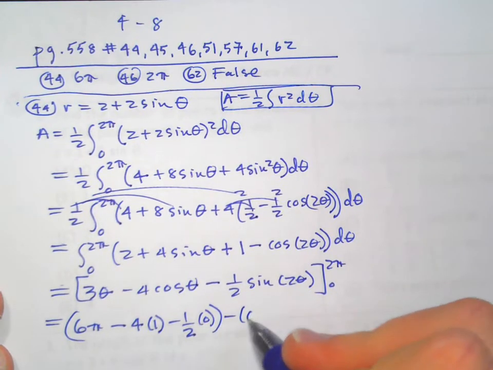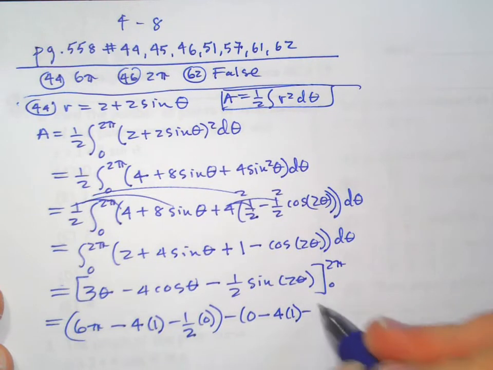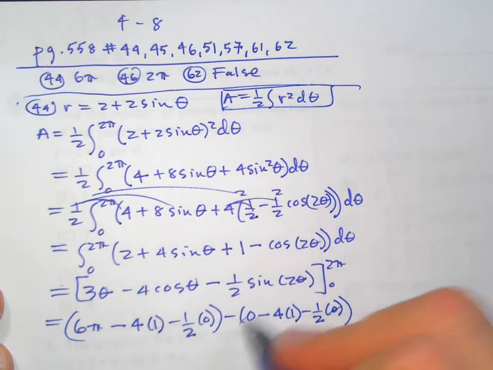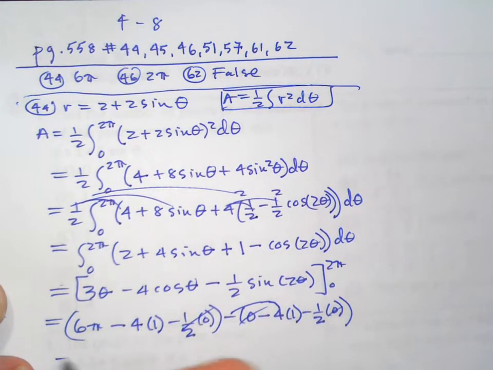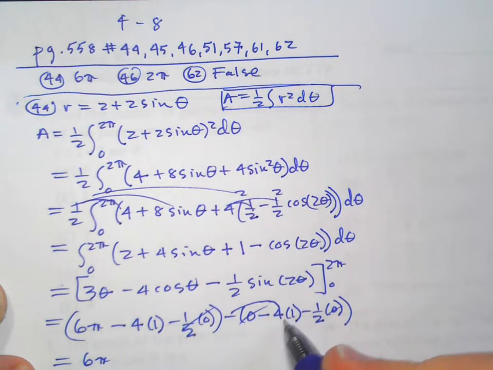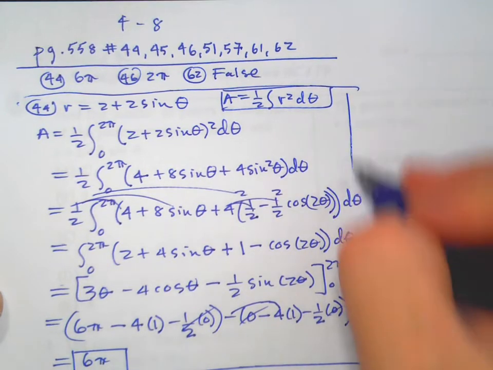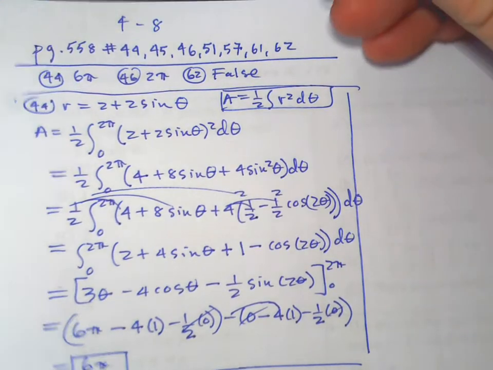Plug in 0 and you get 0 minus 4 times cosine 0, which is 1. Minus 1/2 sine 0 is 0. So you got to distribute this subtraction there. So what we're going to get is 6 pi minus 4 plus 4. So it's just going to be 6 pi. So there you go. That's 44.